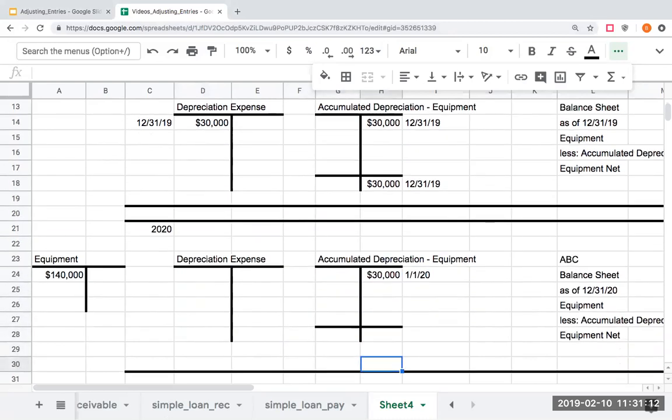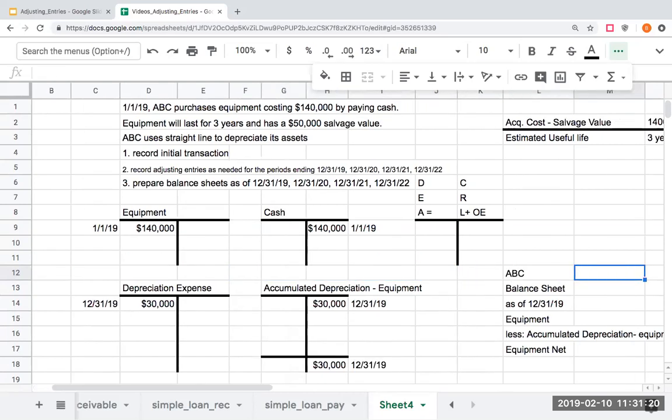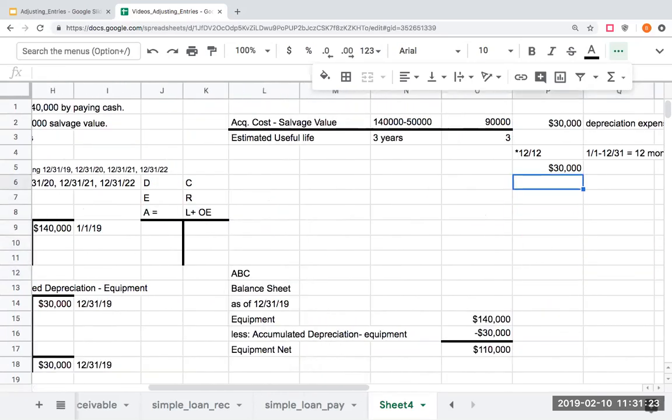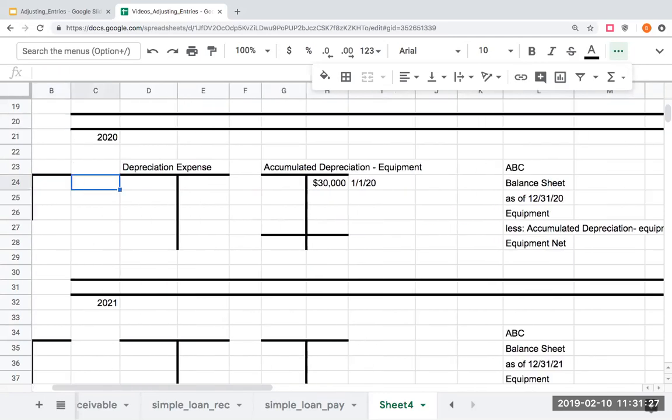So over here, when it comes to the depreciation expense, what do I do? Well, I would calculate depreciation, but because I'm doing straight line, it's going to be the same every single year. So for 12/31/20, what I'm going to be recording here is $30,000.